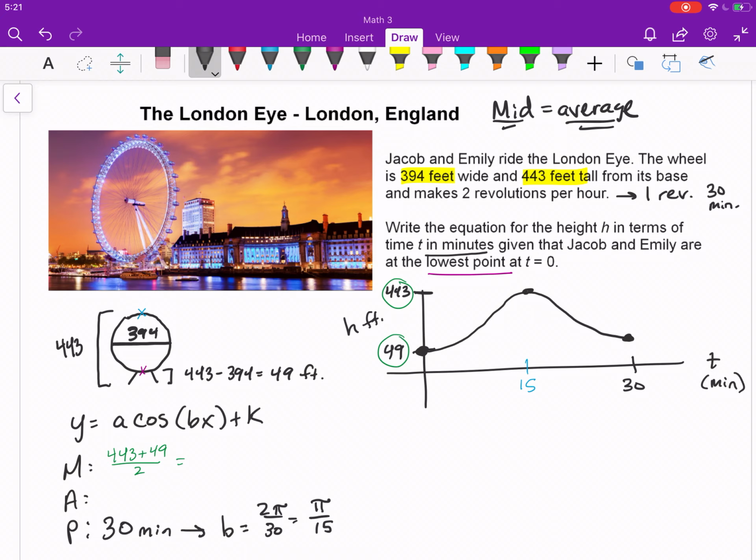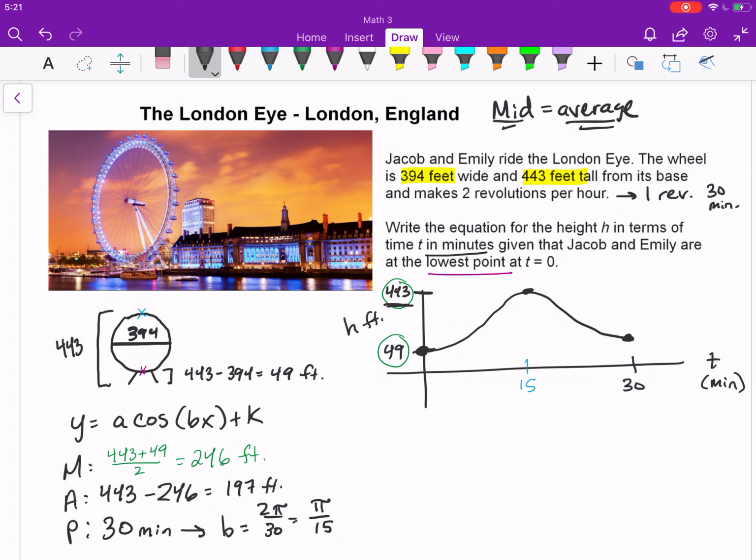Okay, so take note of that. So if we average these, so 443 plus 49, divide that by 2, I get 246 feet. And then amplitude, if you recall, I just said to take your max number and subtract the midline to find your amplitude. And I get 197 feet.